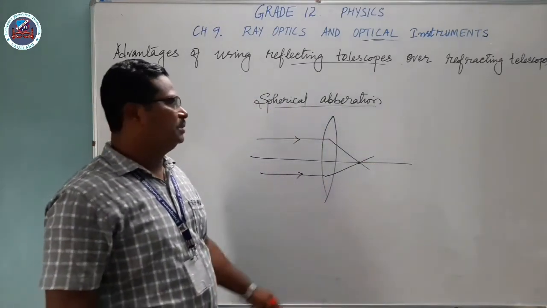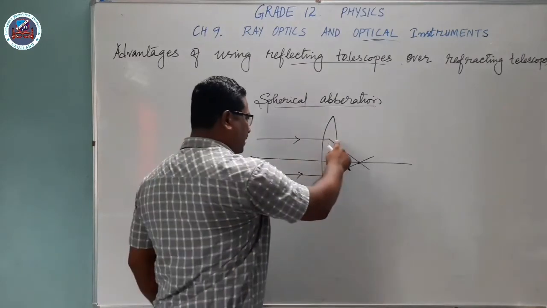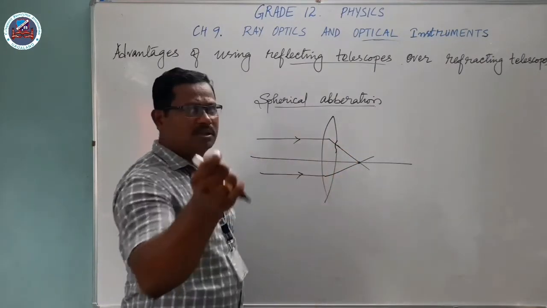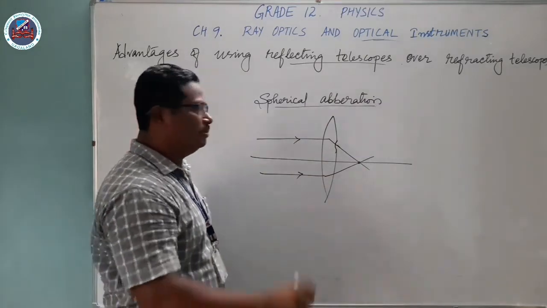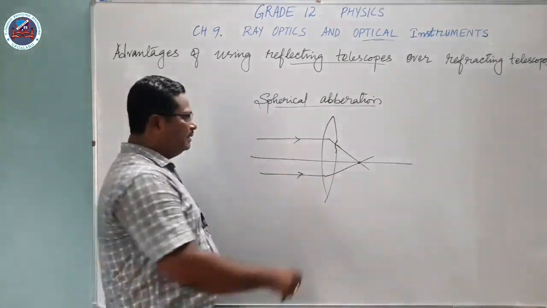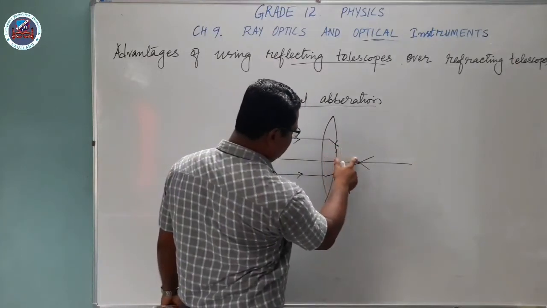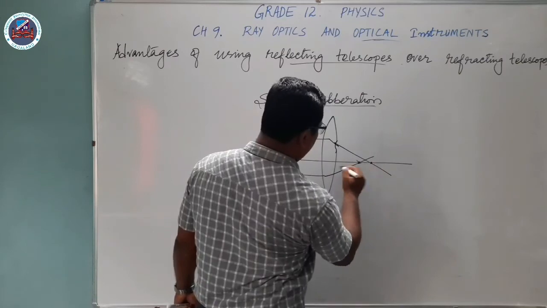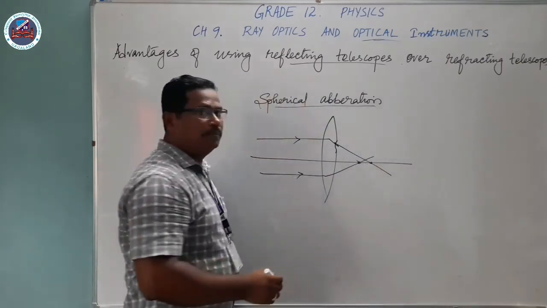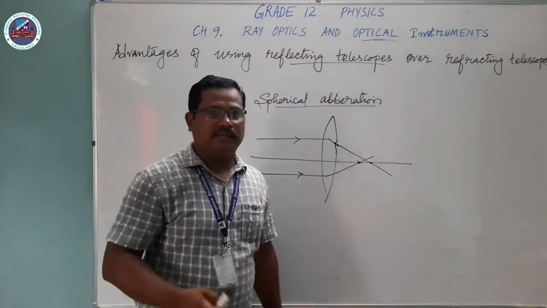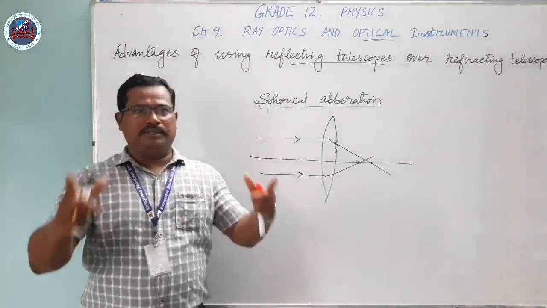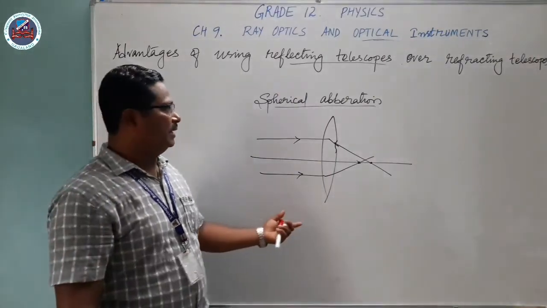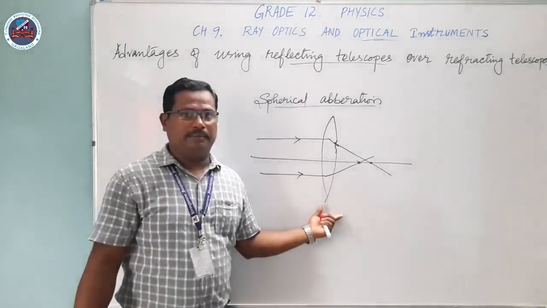But if due to some manufacturing defect the curved nature is not right, suppose it is bent or broken, or bubbles come out in the glass, then the light ray, instead of coming here, will go somewhere here. So it will not intersect at the same point, as a result of which the picture clarity will be distorted. That defect of the lens we call spherical aberration.